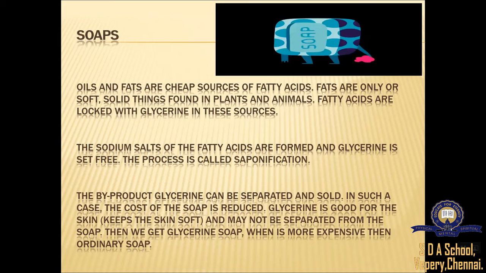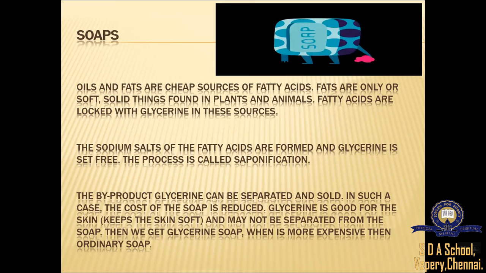Oils and fats are a cheap source of fatty acid. Fats are soft solid things found in plants and animals. Fatty acids are locked with glycerin in this source. Sodium salts of fatty acids are formed and glycerin is set free.